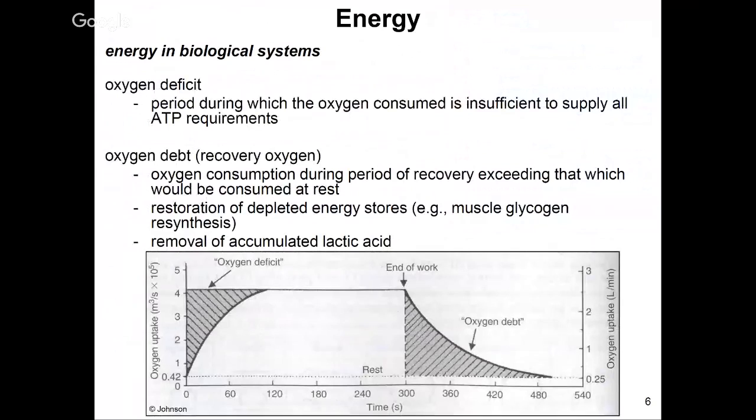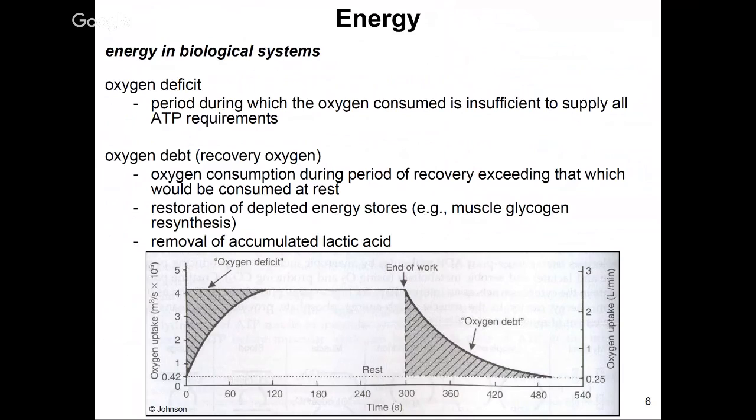When you have an oxygen deficit, again, that would be considered anaerobic. And there is such a thing as oxygen debt. So you may be familiar with the term sleep debt. If you're not getting enough sleep, it kind of builds up over time, and it's called sleep debt. Well, the same concept applies to oxygen debt, where if your muscles are unable to get enough oxygen, if they have a deficit for a period of time, then it takes time for your body to get rid of the debt.